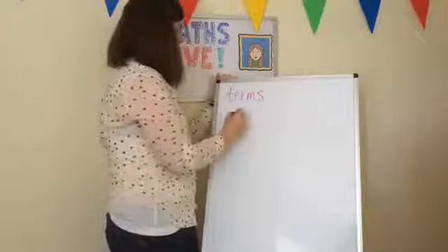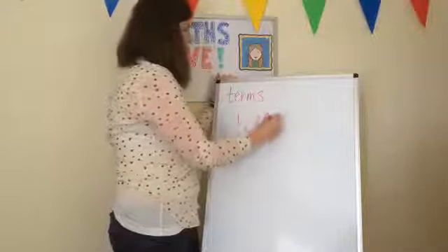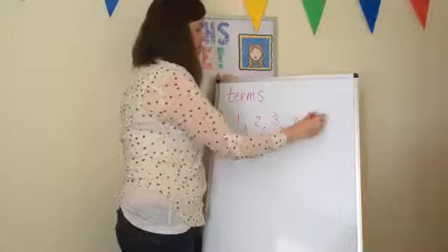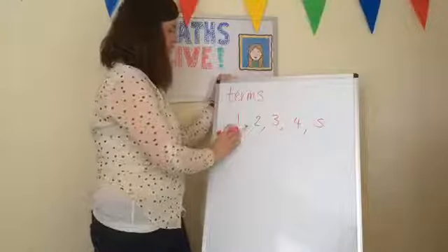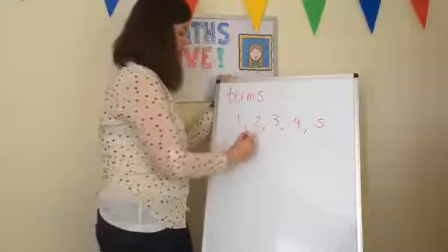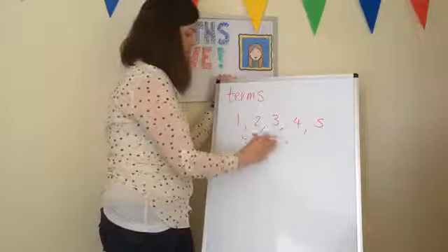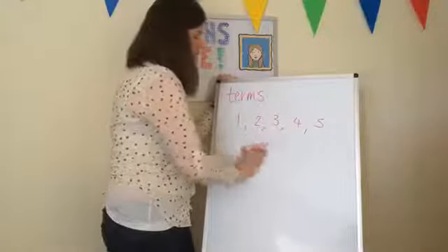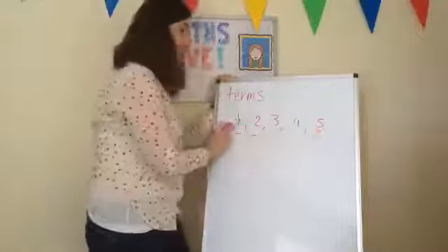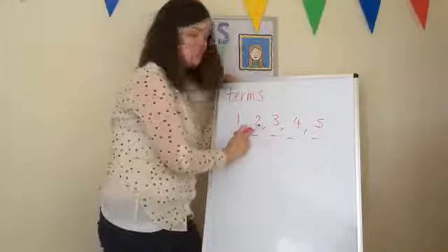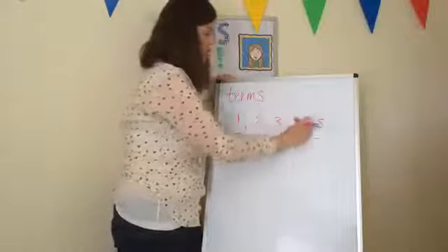So if we have 1, 2, 3, 4, 5, a nice easy sequence, all we're doing is adding 1. But that doesn't matter, because each of these numbers is a term in the sequence. This is the first term, second term, third term, fourth term, fifth term.